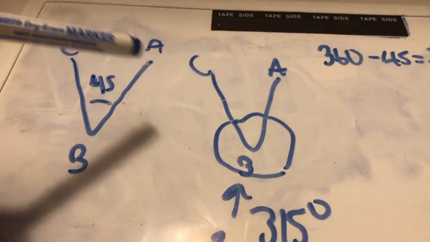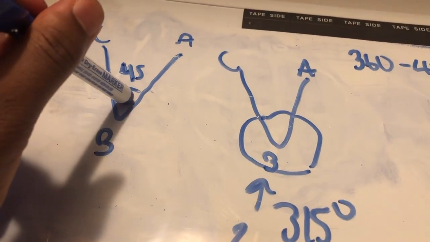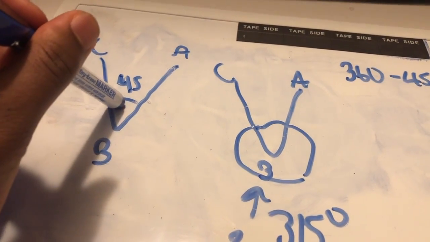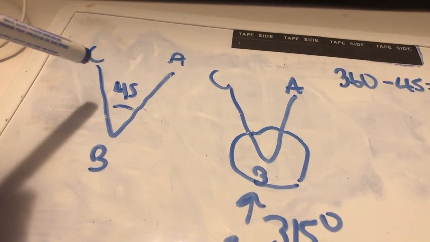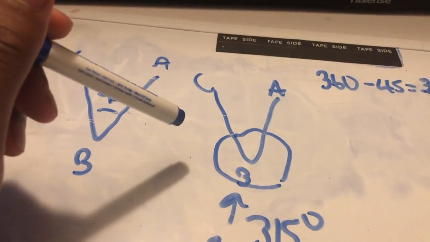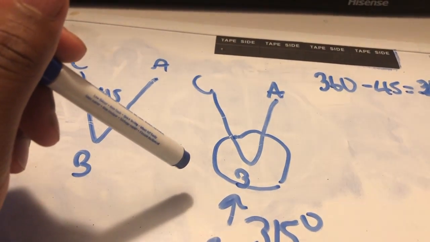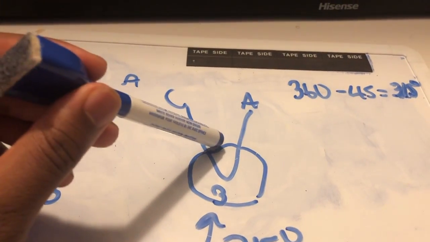So again, I'll repeat that and make it a little more clear. We have a 45-degree angle inside the angle. If you can see, that curve there is part of the circle, but we're missing the rest of the pieces. If we want to find out the whole of a circle, we know the whole is 360. We have a 45-degree angle here.